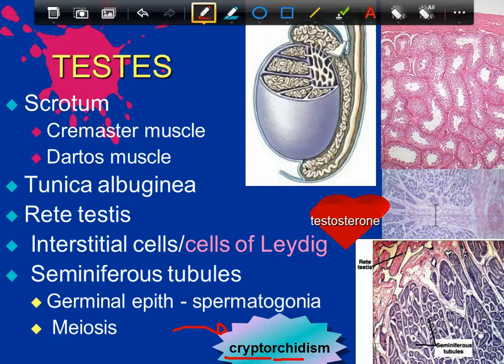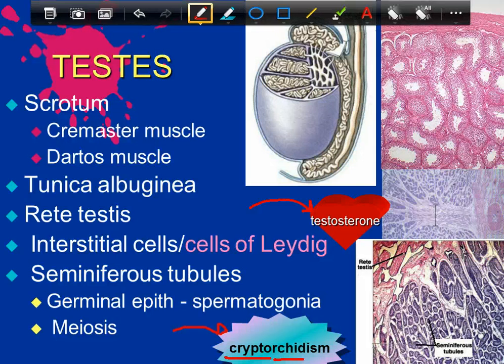So in undescended testes, cryptorchidism, the male will not make a sufficient amount of sperm. Remember that testosterone is needed for the descent of the testes. That testosterone is actually made by the adrenal glands in the fetus. Okay, so we're going to move into meiosis now.